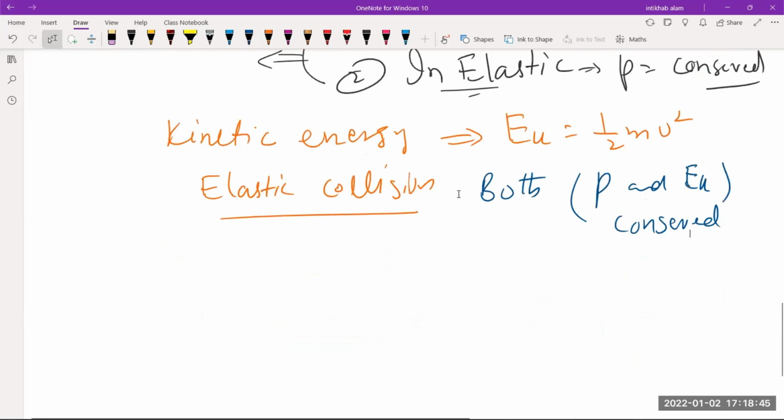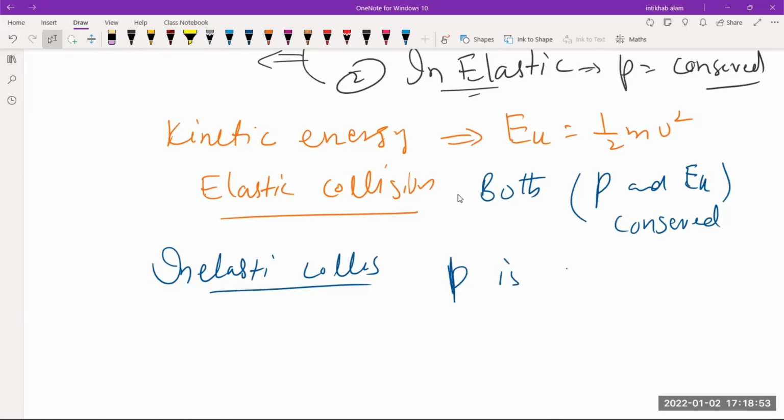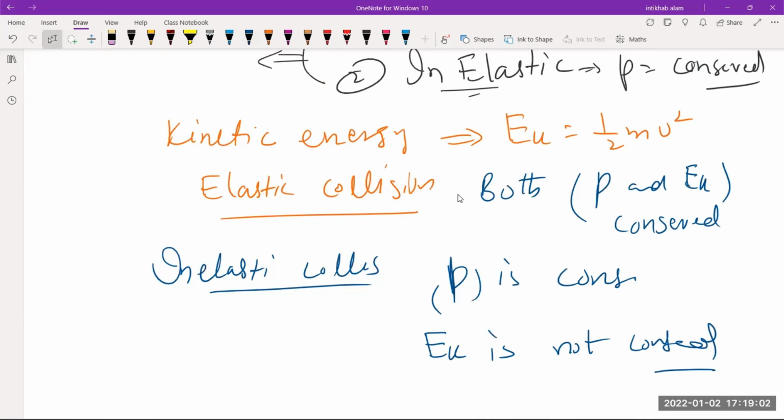But in the case of inelastic collision, still the momentum is conserved, but Ek is not conserved. So we decide on the basis of the kinetic energy whether the collision is elastic or inelastic.